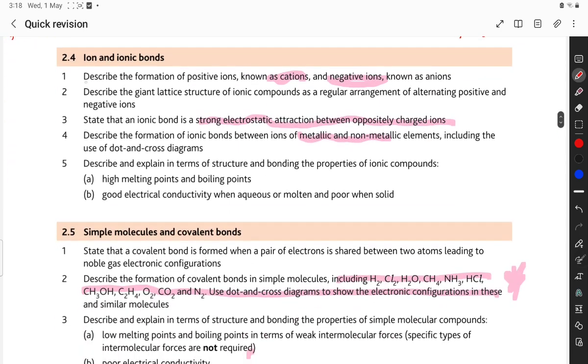Next topic is ions and ionic bonds. Describe the formation of positive ions. You know that metals always form positive ions. Metals of groups 1, 2 and 3, along with transition metals, form positive ions after losing electrons.